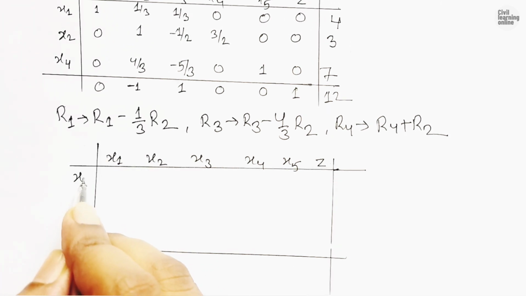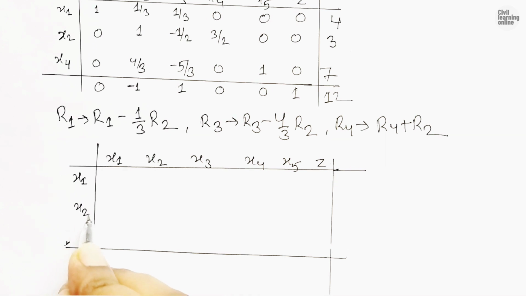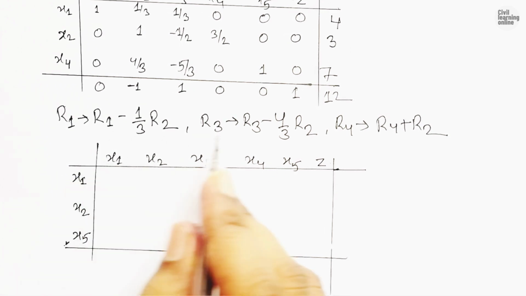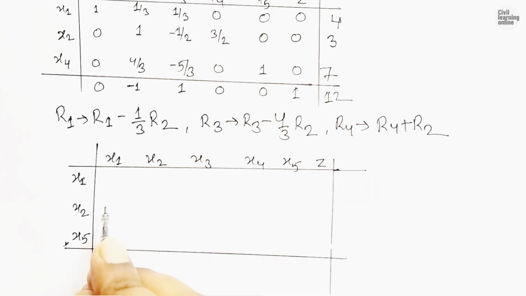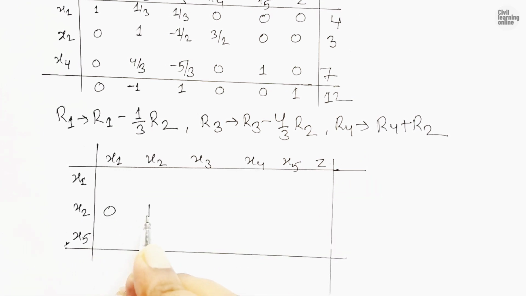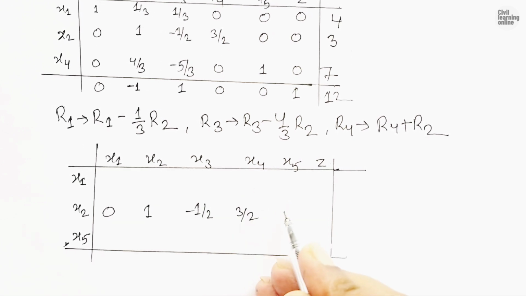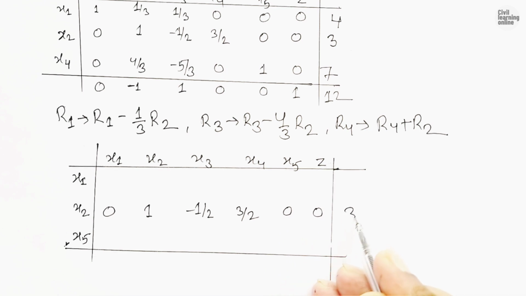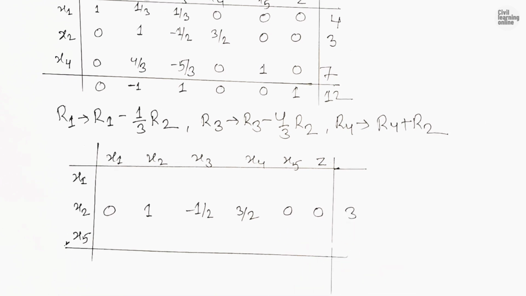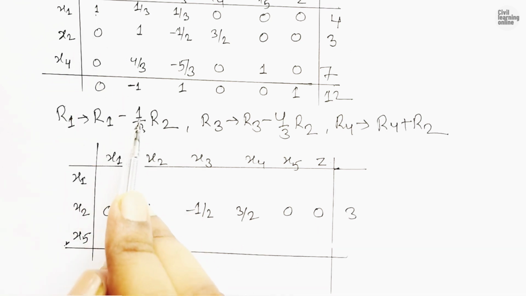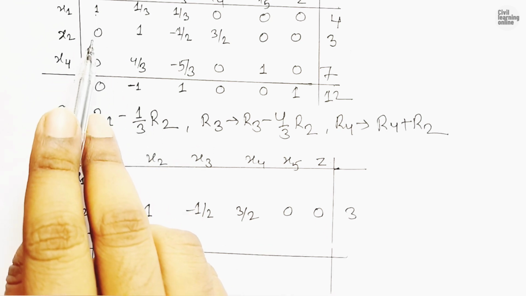So here we have x1, x2, x5, and no need to do the operation on R2. So I am going to write the elements of R2 as it is. 0, 0 and 3.